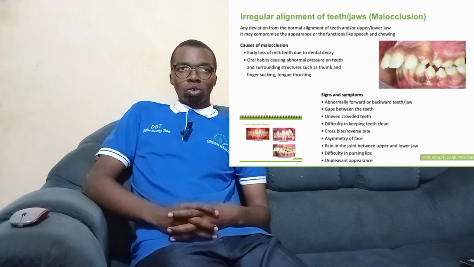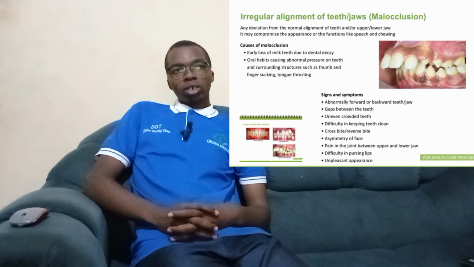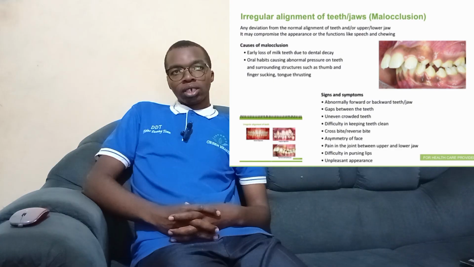Causes of malocclusion, or irregular alignment of teeth: we have early loss of milk teeth due to dental decay, oral habits causing abnormal pressure on teeth and surrounding structures, such as thumb and finger sucking, tongue thrusting.